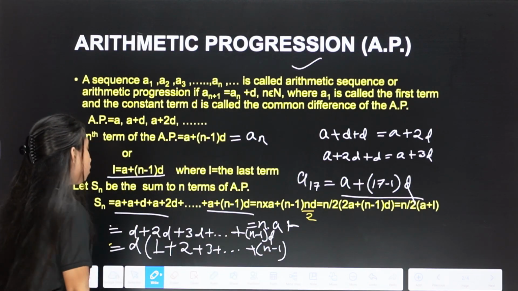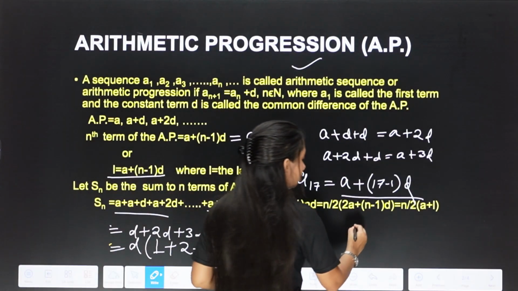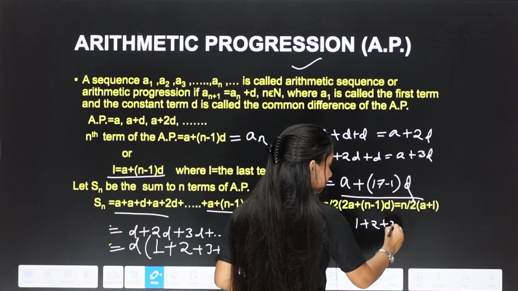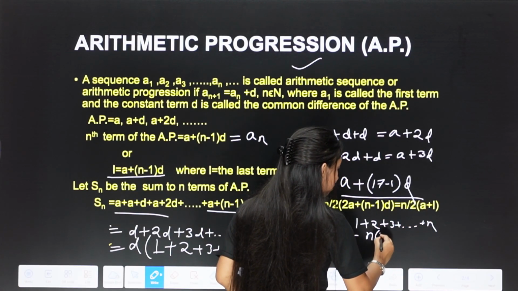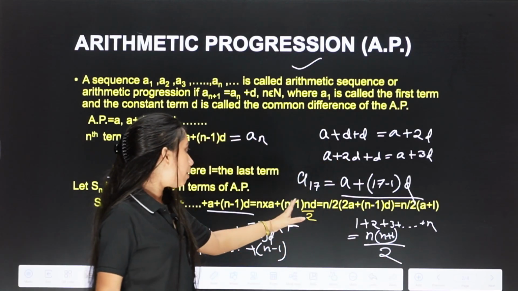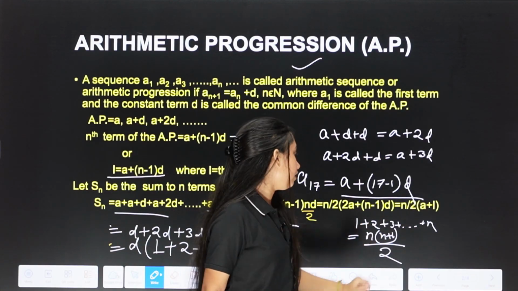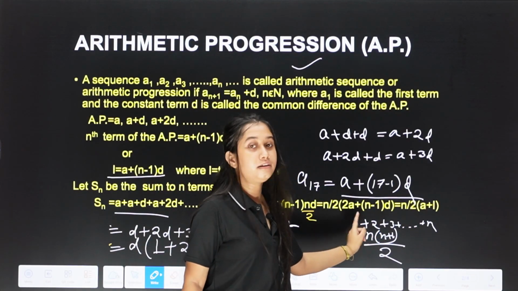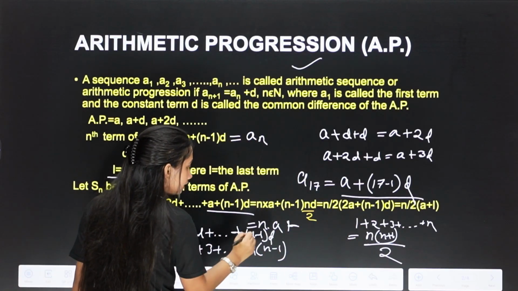Here we have a formula that if we have a series 1 plus 2 plus 3 plus up to n, then the sum will be n into n plus 1 by 2. That is the sum of the series 1 plus 2 plus 3 up to n. Here, n is n minus 1.